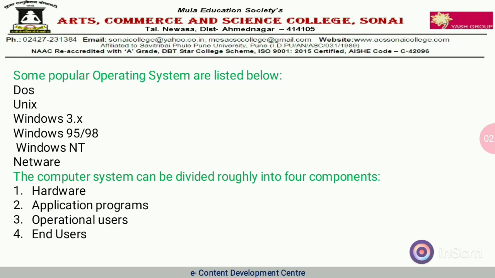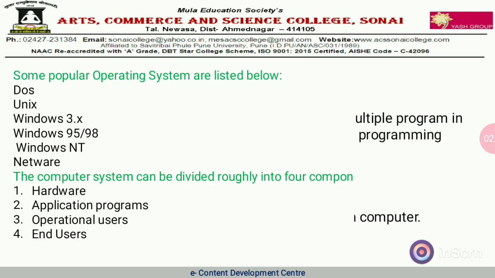The computer system can be divided into four components. First component is hardware, second component is application program, third component is operating user and fourth component is end user.